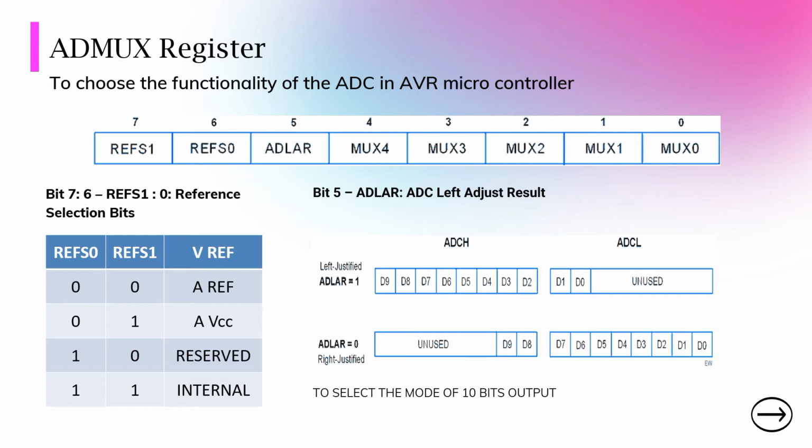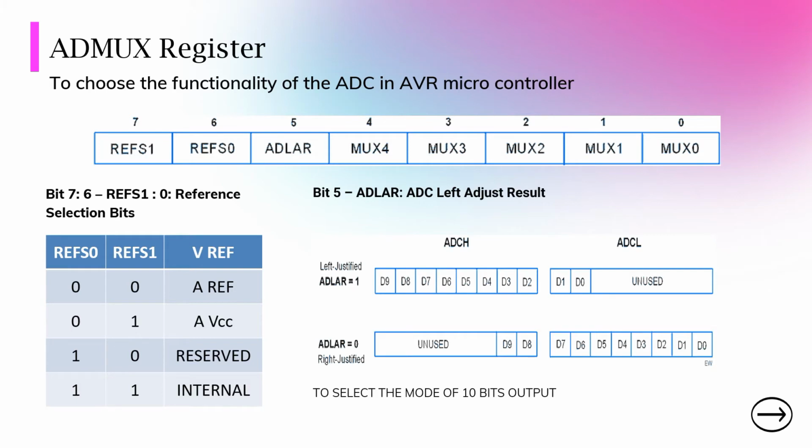So we use bits number 7 and 6 to select our reference voltage. As I said before, we can use it by setting 00. We'll use the ADC reference voltage, which we have to give and plug into the microcontroller externally.